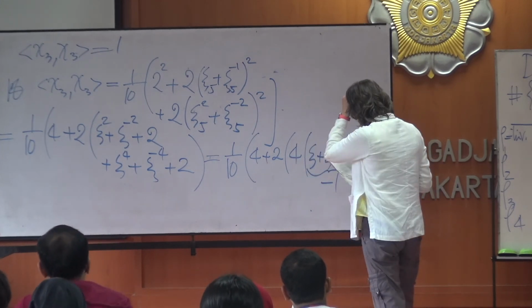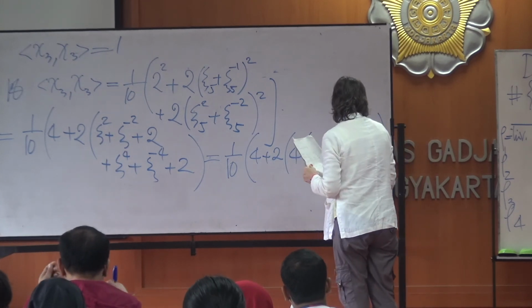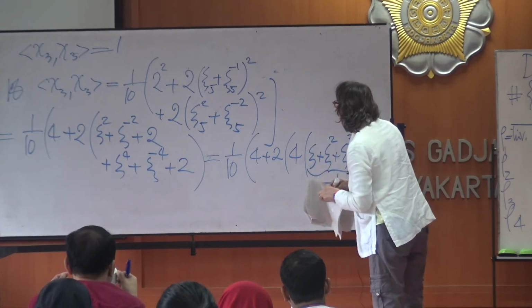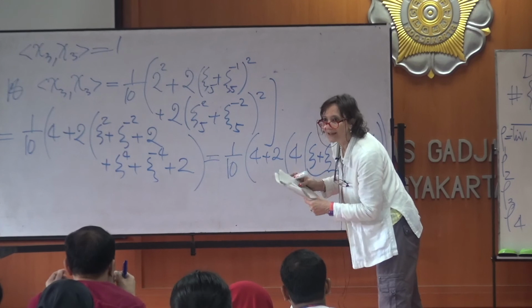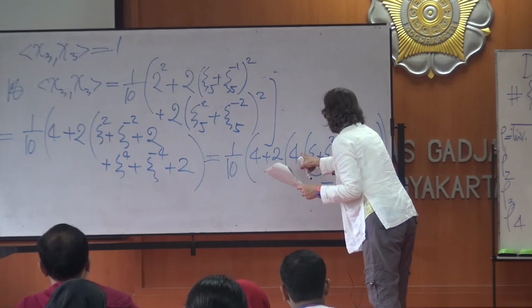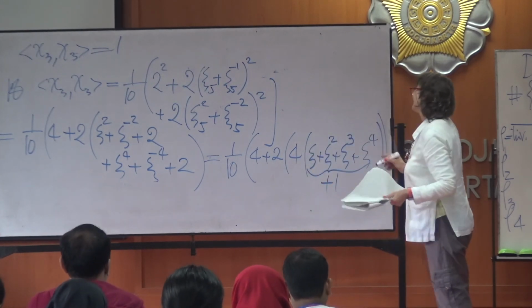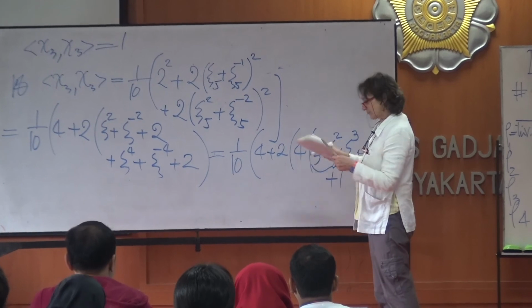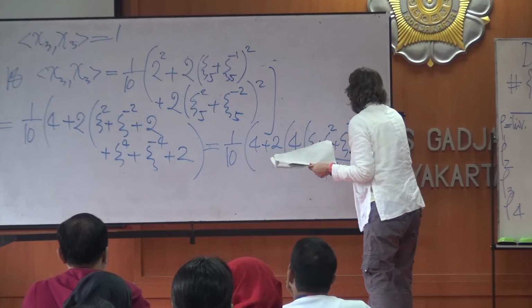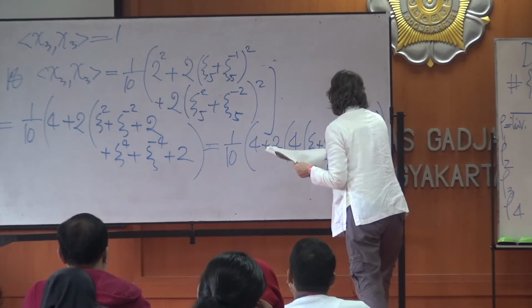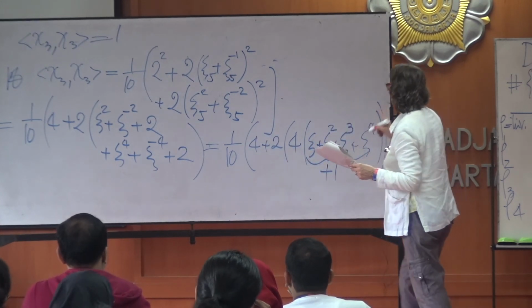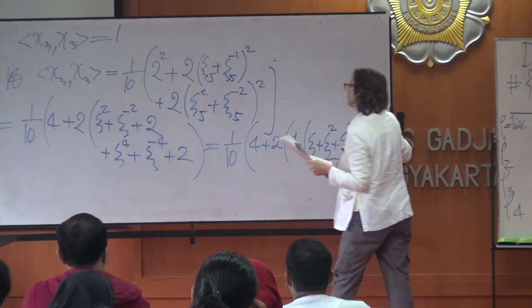I have to get 1, right? What did I do wrong? Then I have a 4 also inside, right?